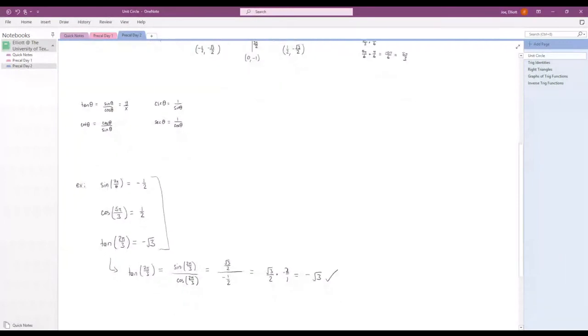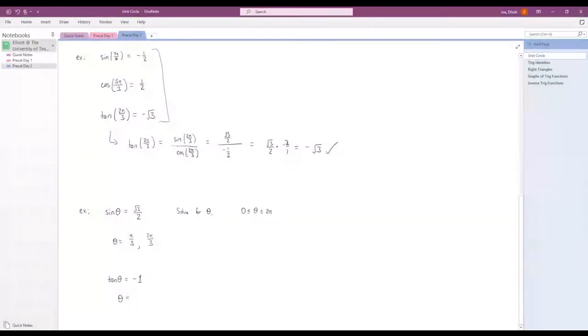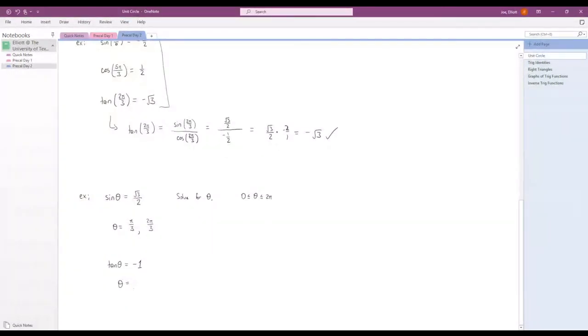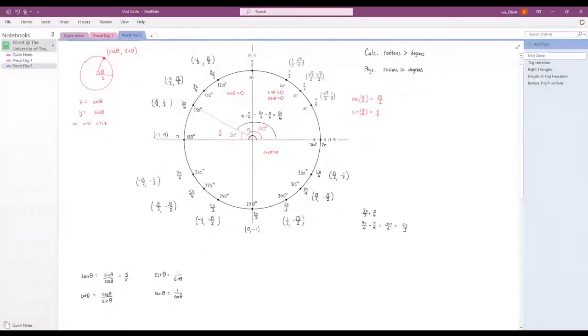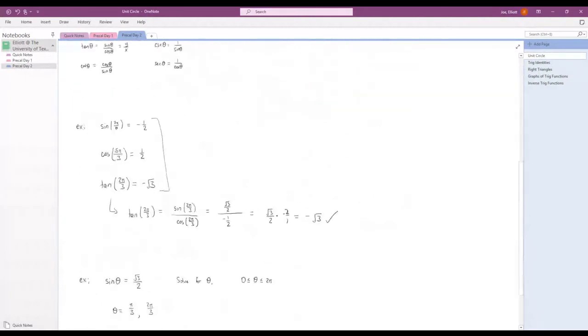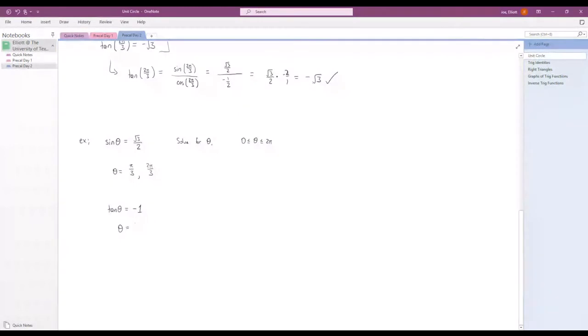So then you know that you need two angles, one in the second quadrant, one in the fourth quadrant. From there, if you're familiar with tangent of pi over 4 being equal to +1, then you can figure out, okay, so the angles you need are the pi over 4 angles, but in the second and the fourth quadrant. So then that gets you 3 pi over 4, 7 pi over 4. And so yeah, those would be the correct answers.